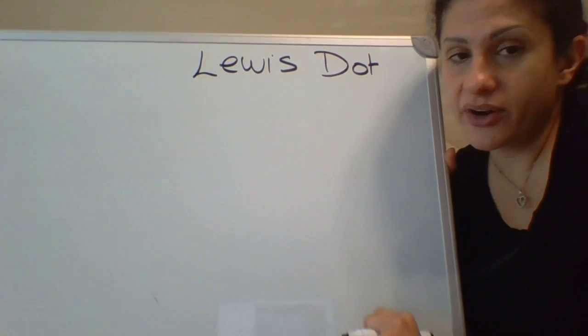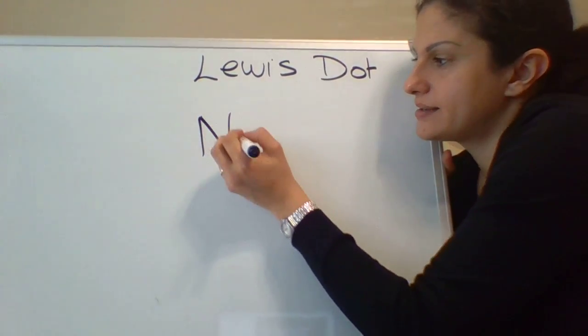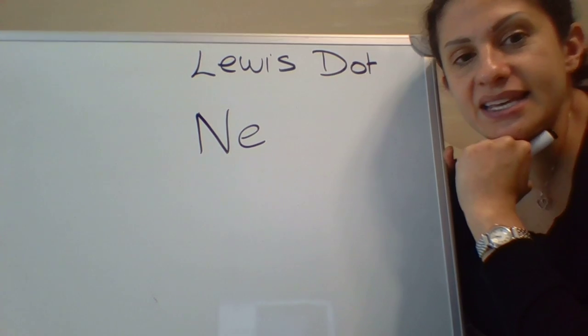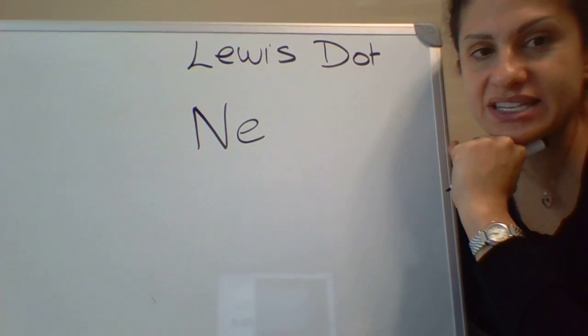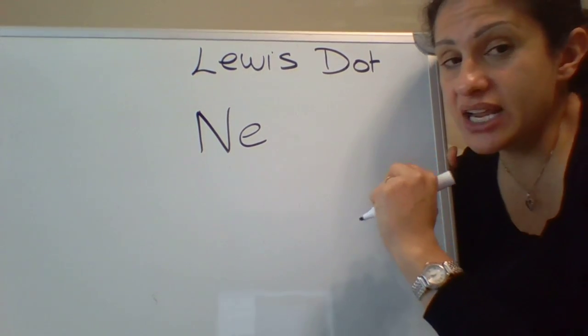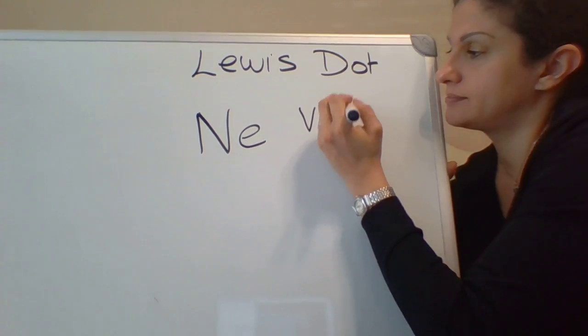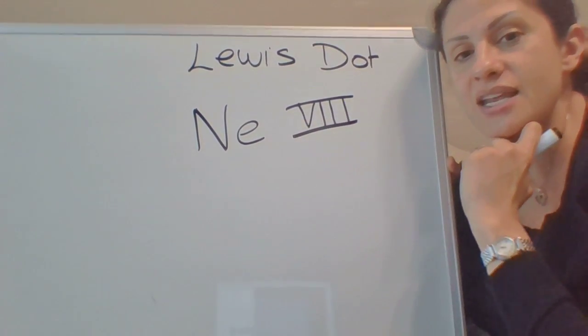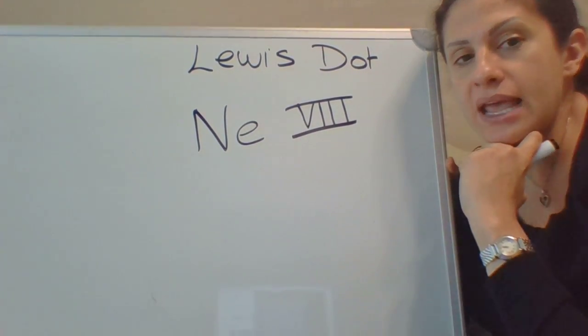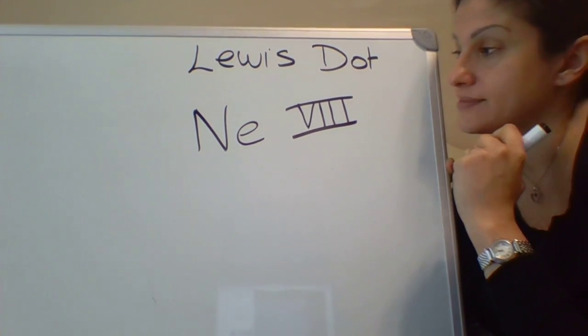If you look at the periodic table, neon, which is represented as Ne, is in group 18. But for the sake of simplicity, we refer to it as group 8 as well. So if neon is in group 8, how many valence electrons do you think neon then has?